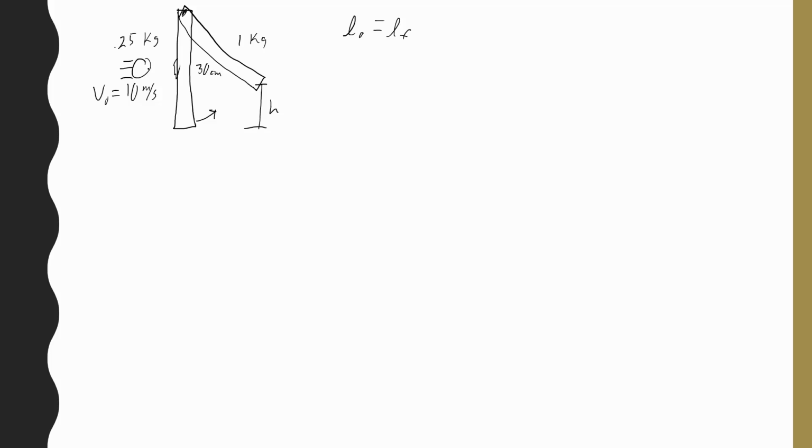So before the collision, again, we have this point particle, and we're going to consider it as having angular momentum with respect to this point here. And if you remember, you're going to take rmv to find the angular momentum of a particle relative to a specific point, where r is the closest approach to that point. So in this case, I won't plug in numbers quite yet.